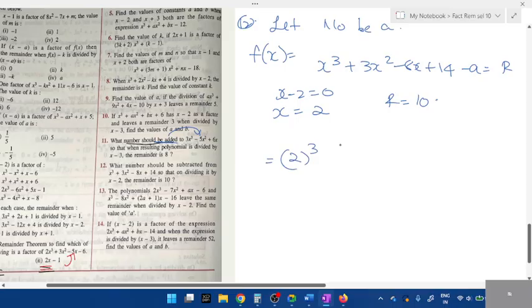Find the value of A. Wait, it can be positive or negative.